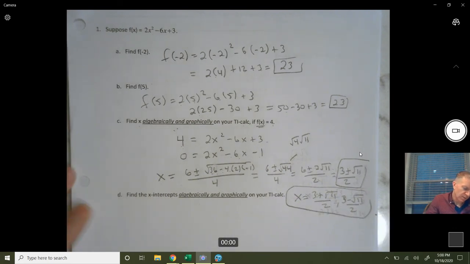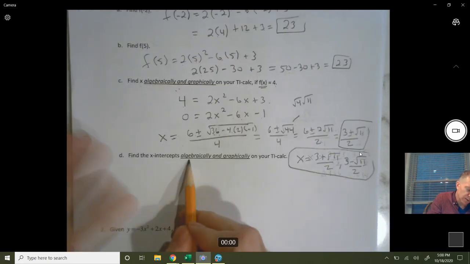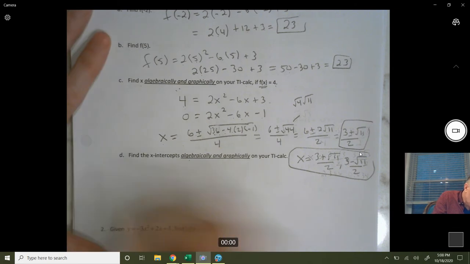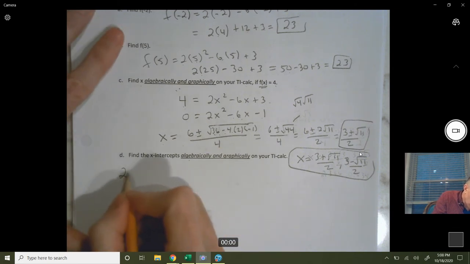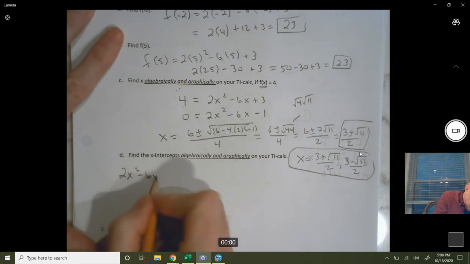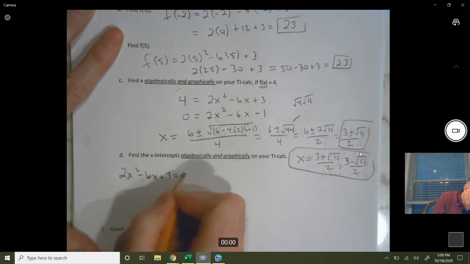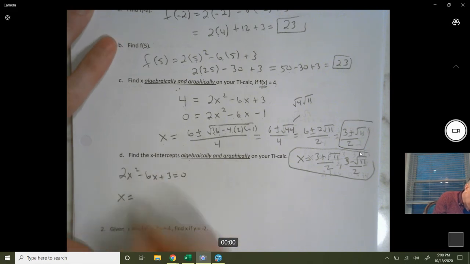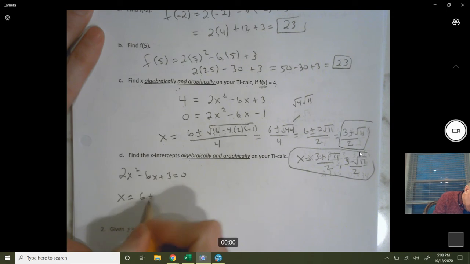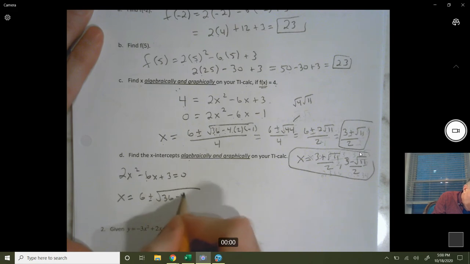Okay, next one. Find the x-intercepts algebraically and graphically on your calculator. So algebraically, we're just going to set 2x squared minus 6x plus 3 equal to 0. So x equals opposite of b, plus or minus square root of b squared. Negative 6 quantity squared is positive 36, minus 4 times 2 times 3, all over 2 times a, 2 times 2.